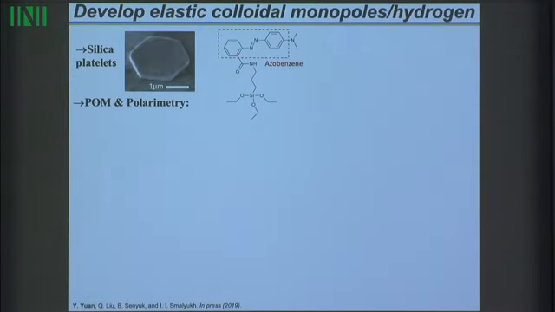But what we wanted to do now was to apply these principles to colloidal particles. And so we can fabricate colloidal particles in different types of shapes and sizes. Here you can see colloidal platelets that we produced for this purpose.